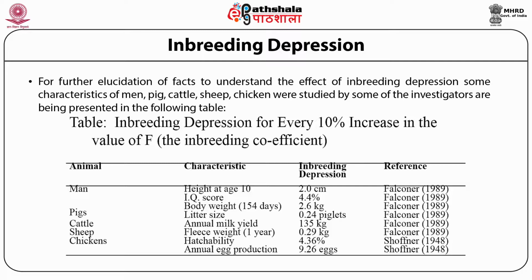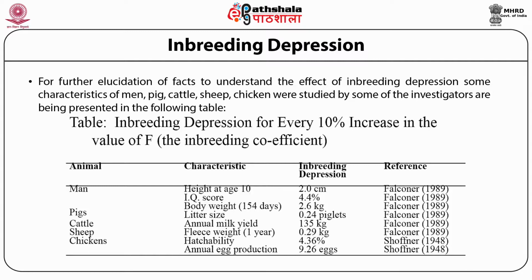In case of pig, the body weight shows 2.6 kg of inbreeding depression, as reported by Falconer 1989.